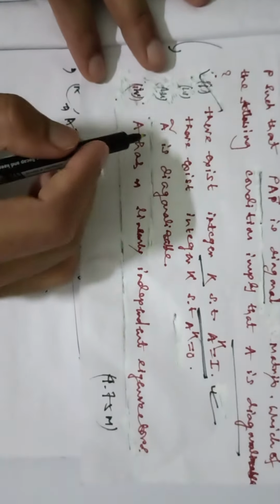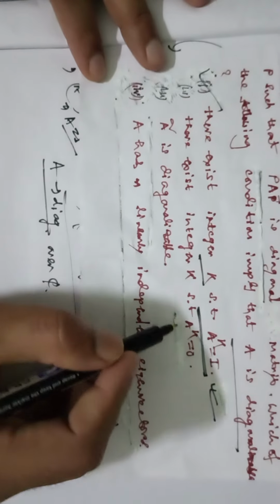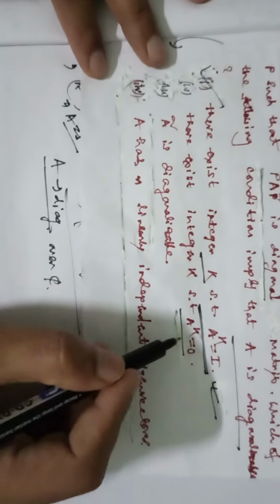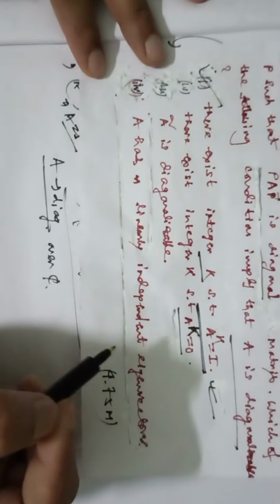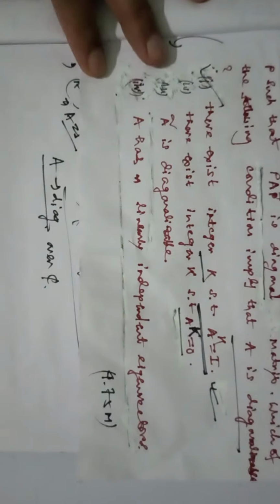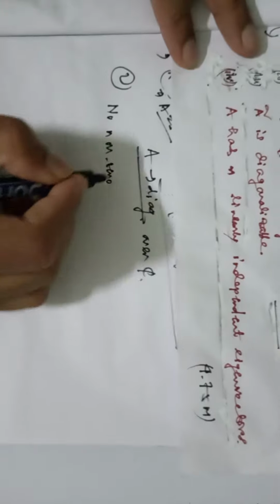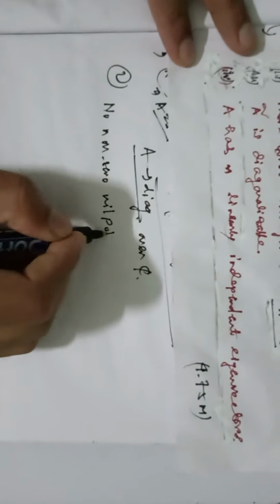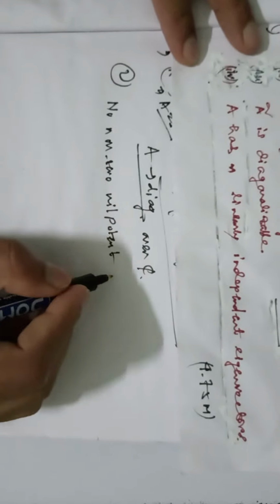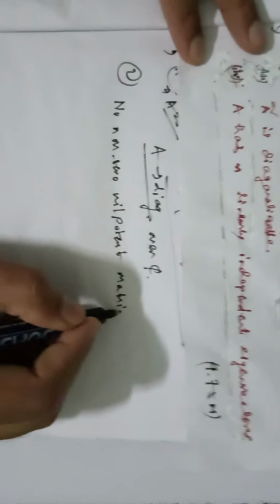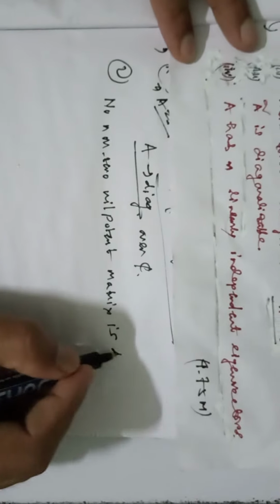Now go to the second option. The second option says there is an integer k such that A to the k equals 0. A to the k equal to 0 means A is nilpotent. We know a result for option 2: no non-zero nilpotent matrix is diagonalizable. Only the zero matrix among nilpotent matrices is diagonal.